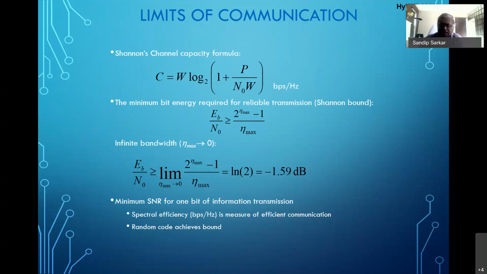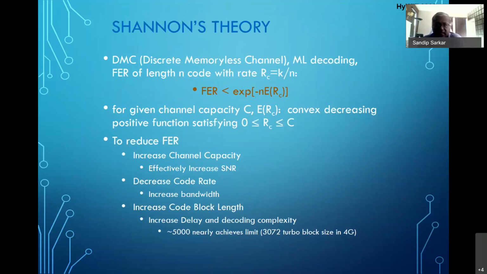Now, Shannon's theory says that if you have a discrete memoryless channel with maximum likelihood decoding, then the FER of a length n code with rate k by n is given by this quantity, which is exponential of minus n E(R).